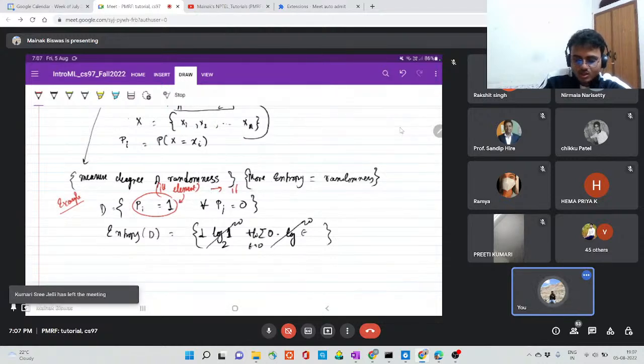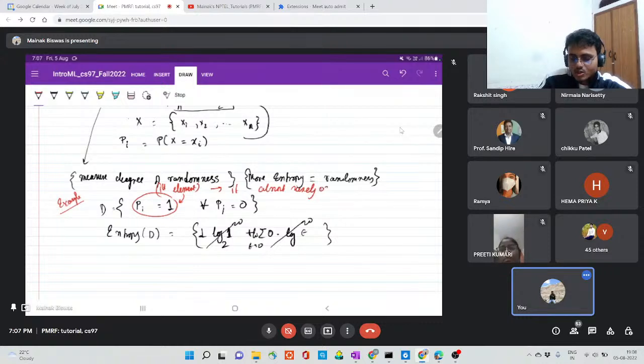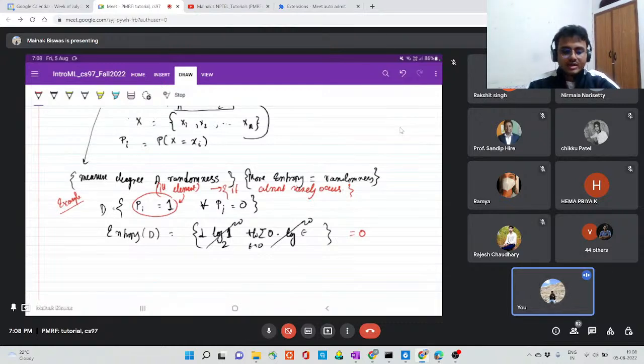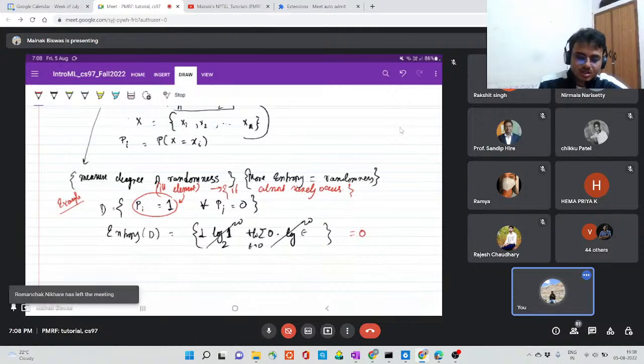It always occurs, or it almost surely occurs. So we don't have any randomness in this distribution. So here there is no randomness, so we see that the entropy is 0. Whenever we sample something, we don't get any extra information from the distribution.